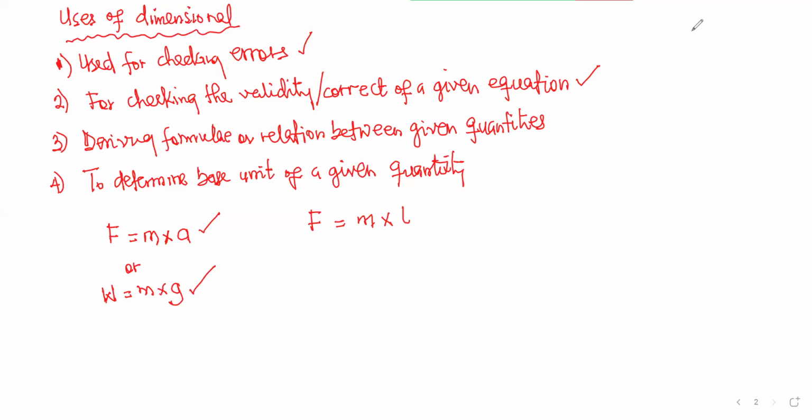We are going to go through an example to understand this very well. Then deriving formulas or relations between given quantities, and then the last one, to determine the base unit of a given quantity.